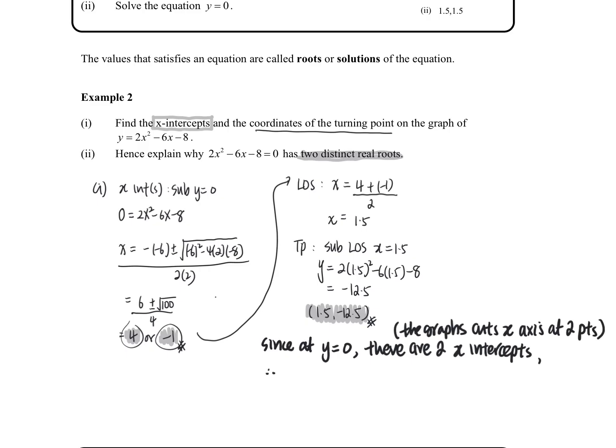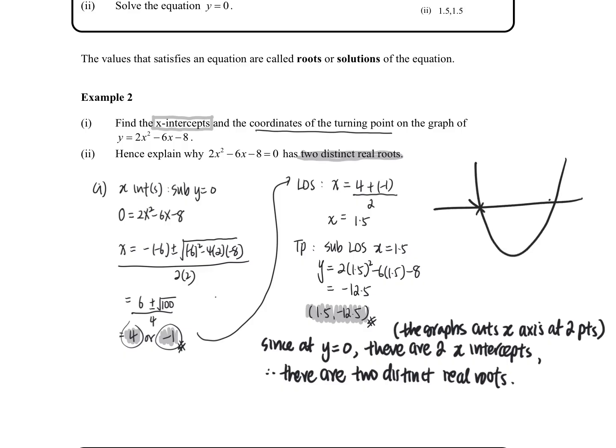Okay, therefore, there are 2 distinct real roots. Which is true because this is a minimum curve and you just found that there's 2 x-intercepts, one at 4, one at minus 1, and this happens when y is equals to 0.